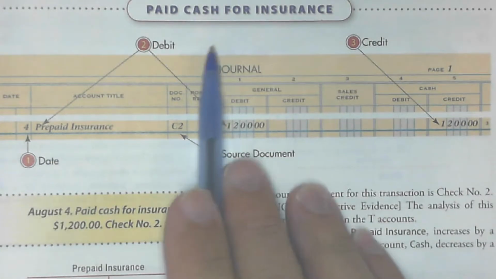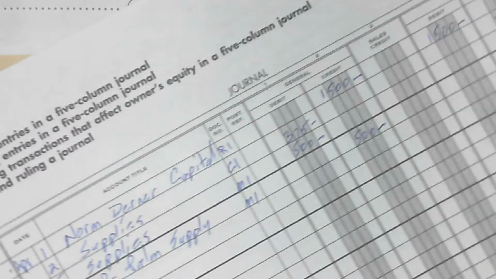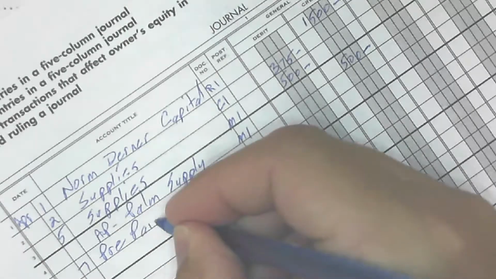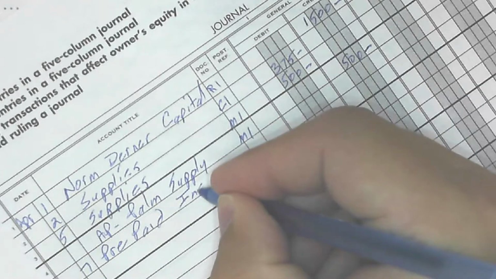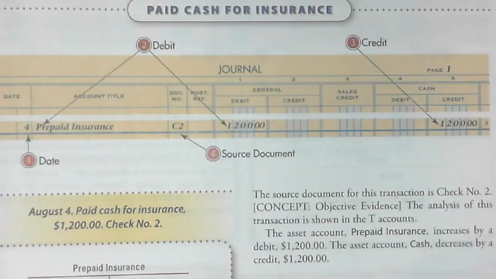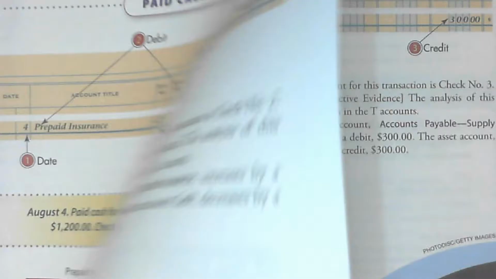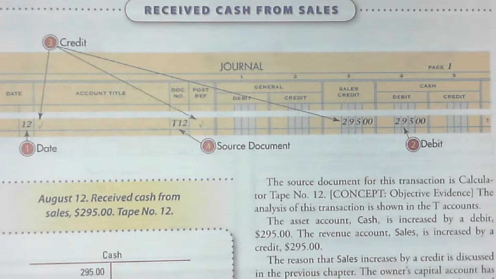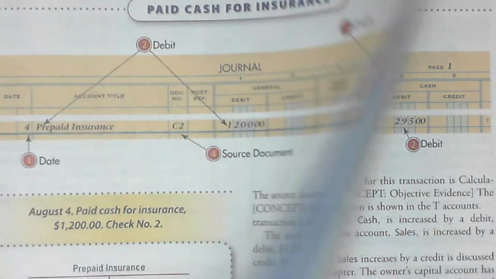Paid cash for insurance, so we're going to have a line for prepaid insurance. See how much it was. $300 in C2.